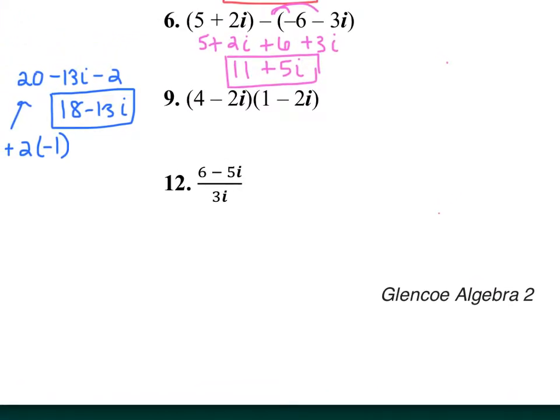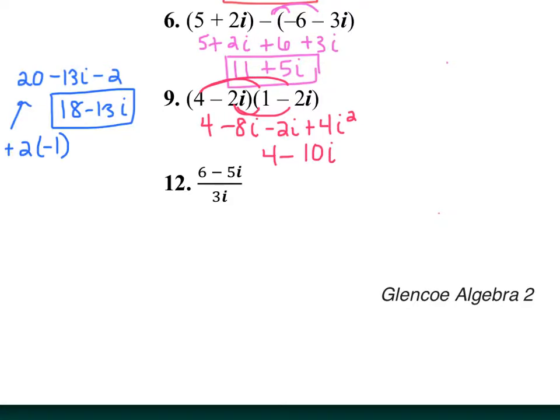Number 9 is multiplying again. So we need to distribute. 4 times 1 is 4. 4 times negative 2i is negative 8i. Negative 2i times 1 is negative 2i. And then negative 2i times negative 2i is positive 4i squared. Combine like terms, so 4, negative 8i minus 2i is negative 10i.